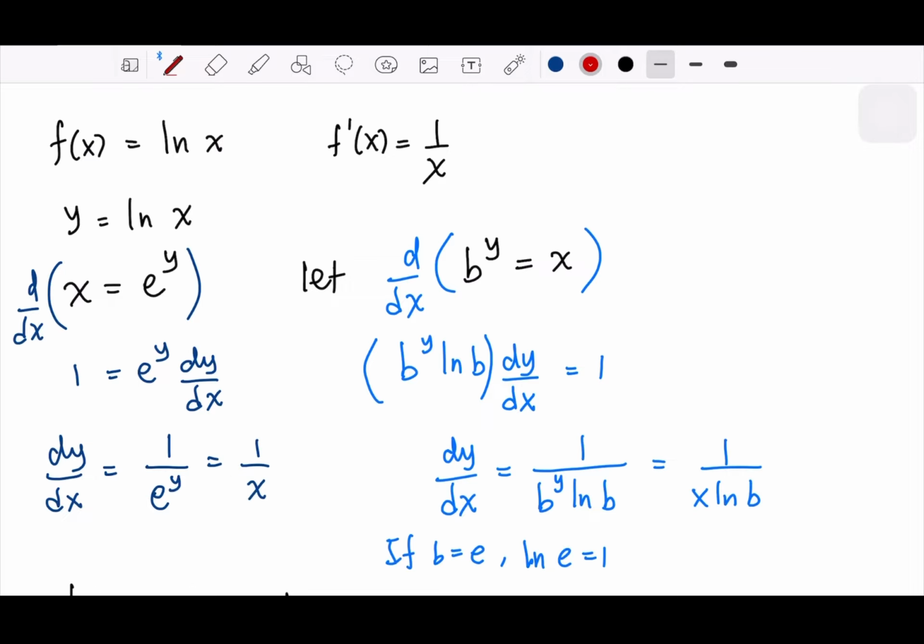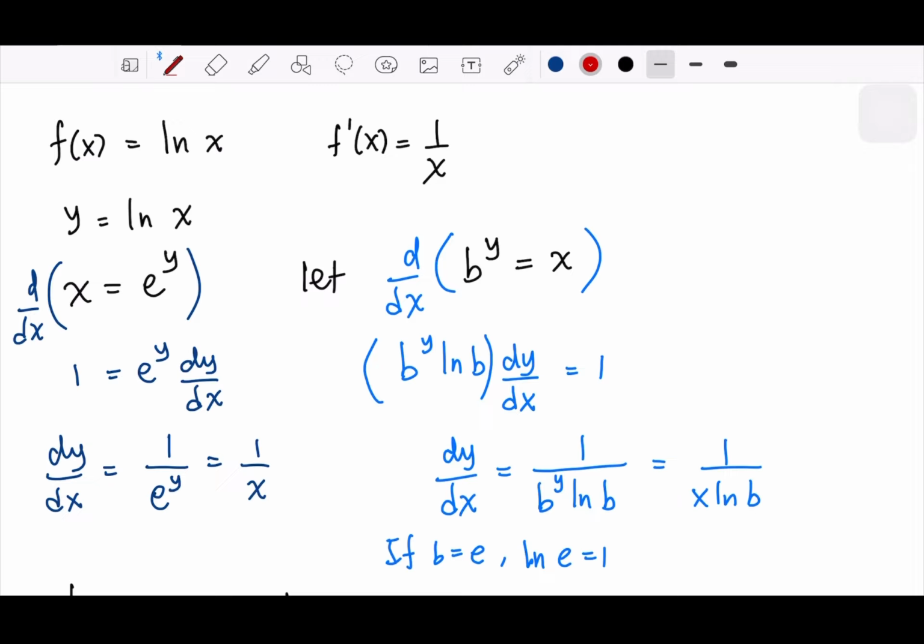So we can rewrite this log in terms of e, and then we can solve this by using implicit differentiation. So x becomes 1, and e to the power of y becomes e to the power of y, multiplied with dy over dx. Okay, and then we can solve this, and it results in 1 over x.